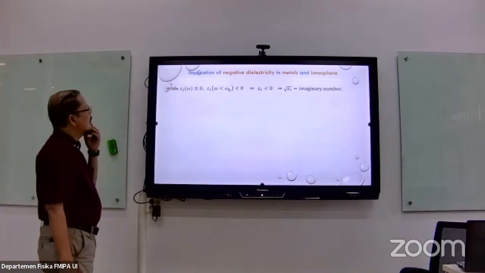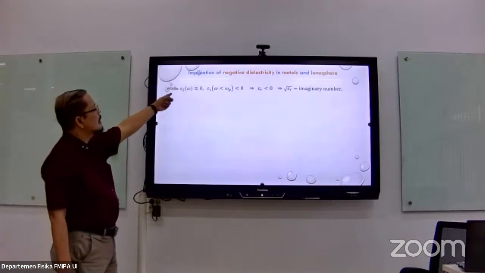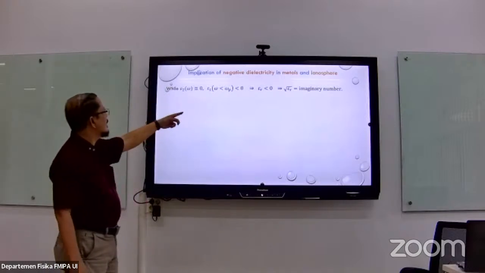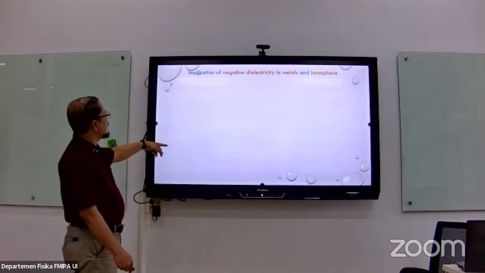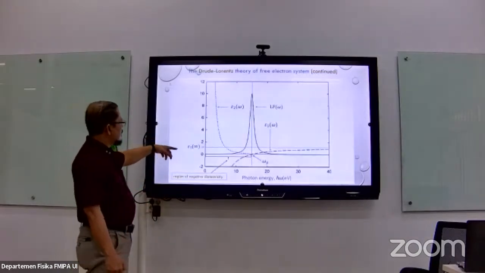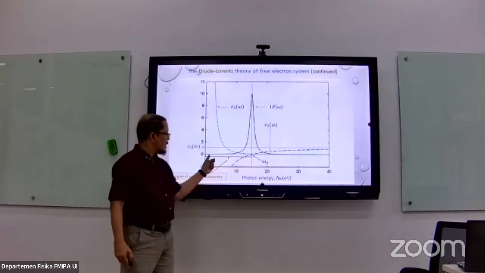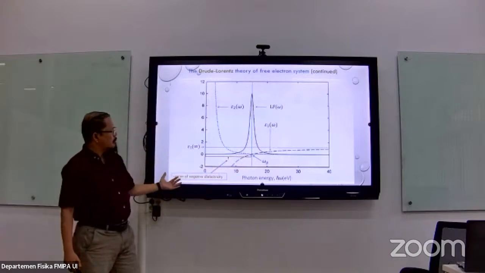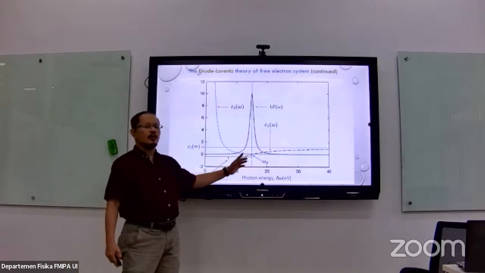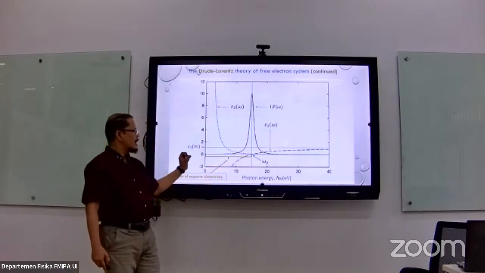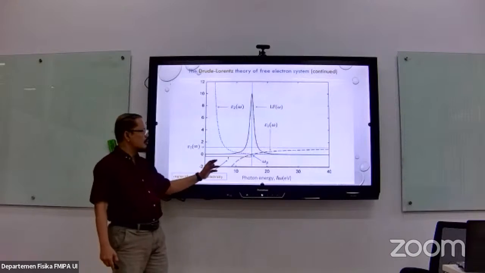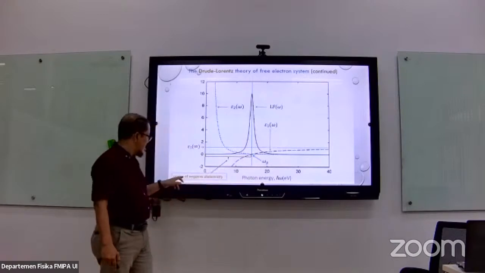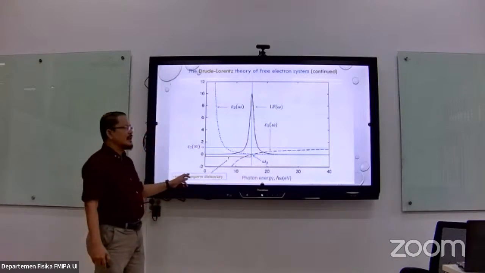Anyway, this is the physics that is at the moment most important for us to understand first: the consequence of having negative values of epsilon 1. If we go back to the curve, this region corresponds to epsilon 1 being negative. As omega is above 0 but below omega p, epsilon 1 is negative.